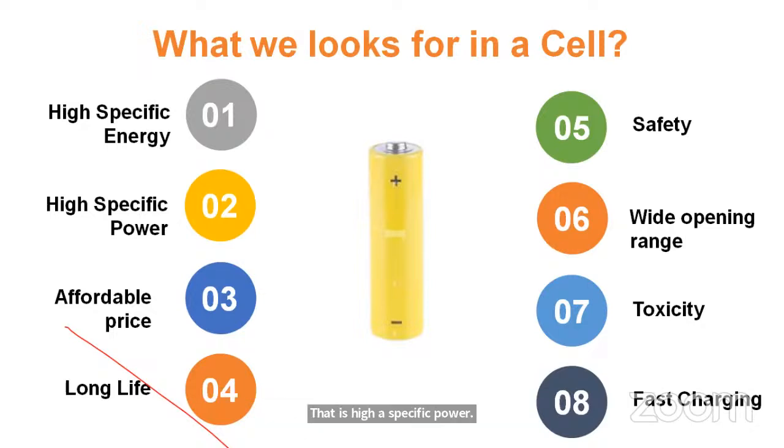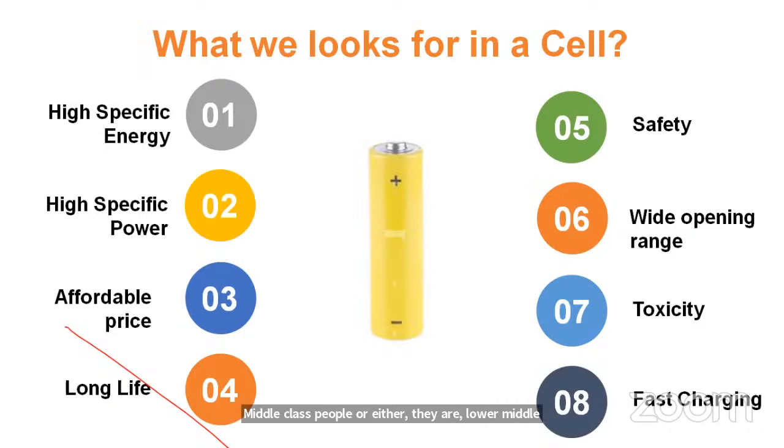Affordable price, the price should be cost effective. In the Indian market, each and everything is cost sensitive, right? Our mindset is, if it is cheap, then only I will buy. Not for everyone, but the majority of people in our country look for an affordable price, because most of our population is either middle class or lower middle class.